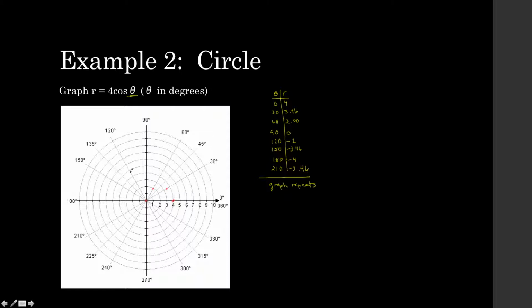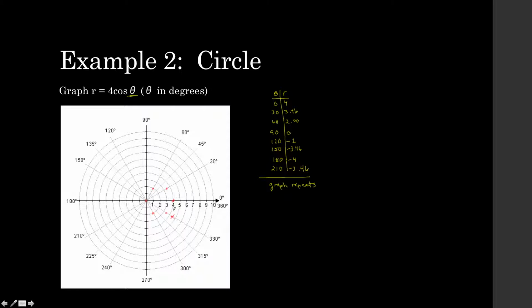So since R is negative, we're going to go back this way 2 units. Okay? 150, it's positive on this end. So negative 3.46 is we're going to go back this way 1, 2, 3.46, somewhere in there. Now I'm probably going to be off just a little bit. Yes, because 3.46 is actually right there.